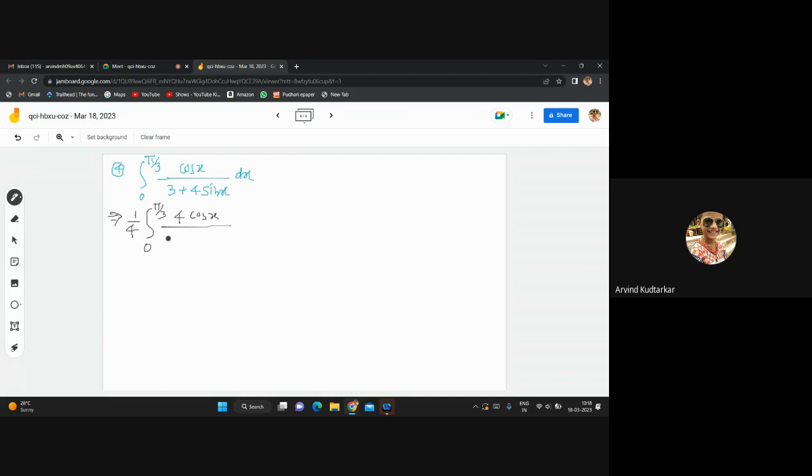तो डेरिवेटिव क्या होता है? 3 plus 4 sin x का, 3 का डेरिवेटिव 0. 4 and derivative of sin is cos. So 4 cos x is there. क्या मिळणार तुम्हाला? 4 cos x.